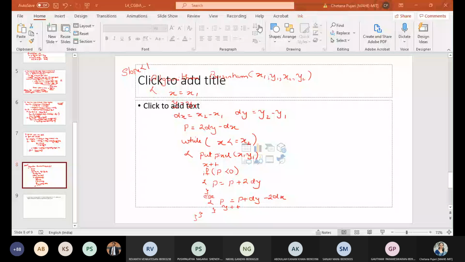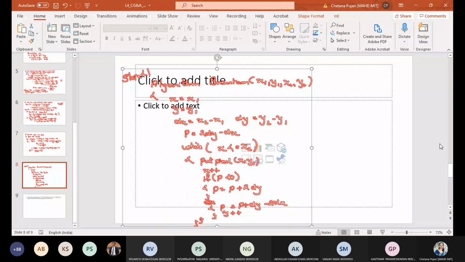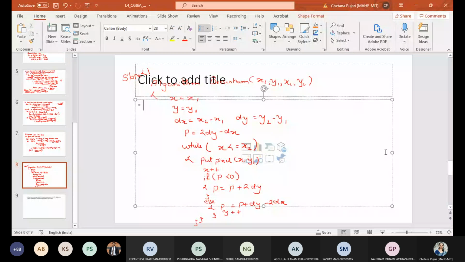Whatever derivation we have done will remain the same, but you have to make a little modification, interchanging X and Y. In this case, when P is less than 0, we are not doing any modification, whereas here we are incrementing Y. So this algorithm is for slope less than 1. If you are doing a derivation for slope greater than 1, then accordingly you can modify this algorithm.